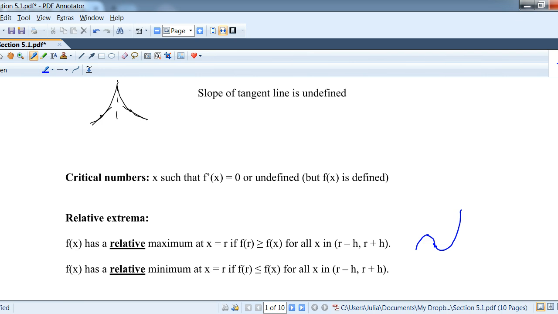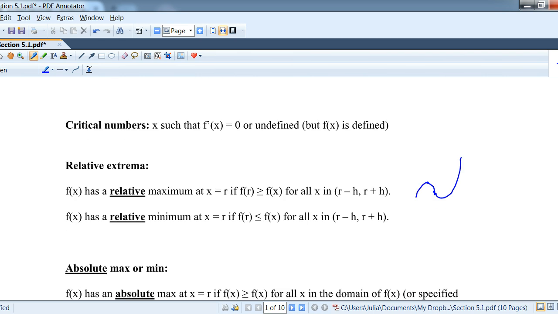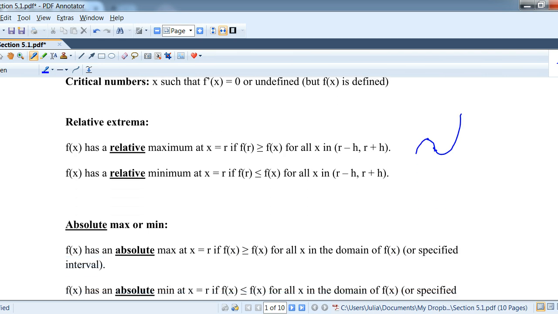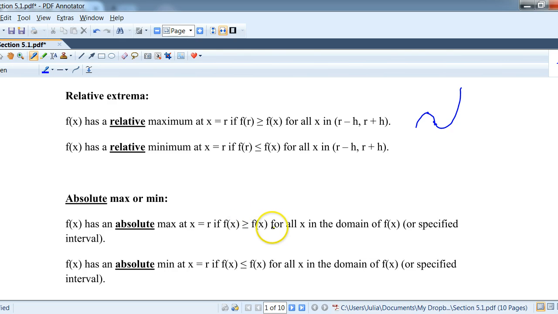And very similarly for the lowest, a relative minimum at x equals r if the y at that point is less than or equal to the nearby points, again on some interval. And of course, we might also have an absolute maximum or minimum at a point.